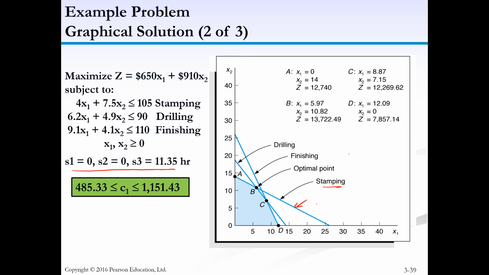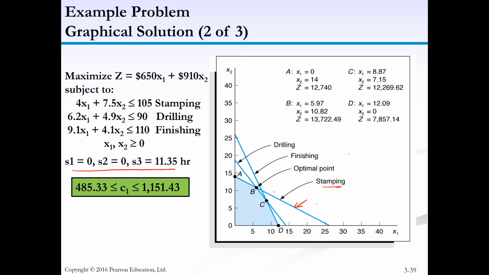Okay, S1 is equal to 0, S2 is equal to 0, and S3 is equal to 11.35 hours, which means that the finishing constraint has slack hours, which can easily be seen from here also, because as you can see it is not touching the optimal point. The finishing constraint would have to be increased to get it into the optimal mix. It is not there at the moment.